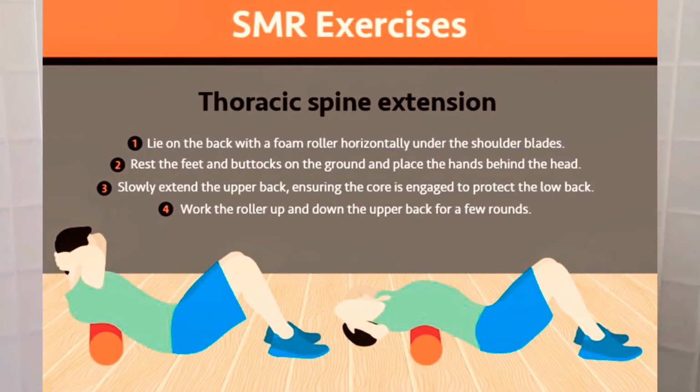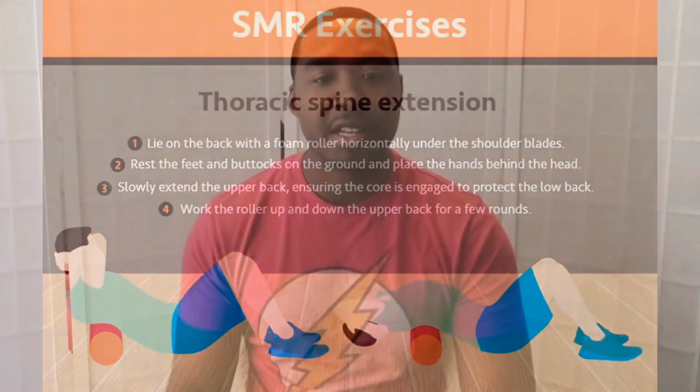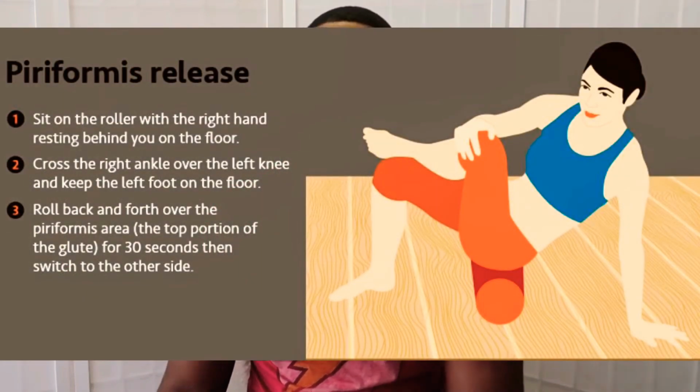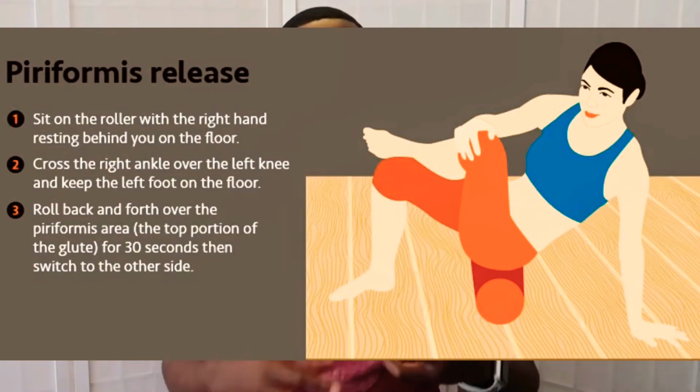Some things you can do: you can do SMR exercises, which means self myofascial release, right? You can use various objects such as foam rollers, tennis balls, PVC pipes and stuff like that, just to name a few. And this is going to help massage away restrictions found in normal soft tissue.